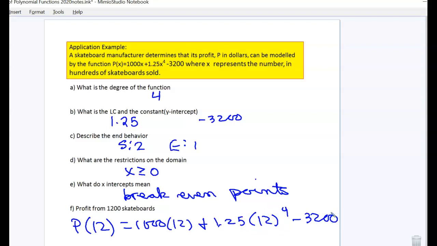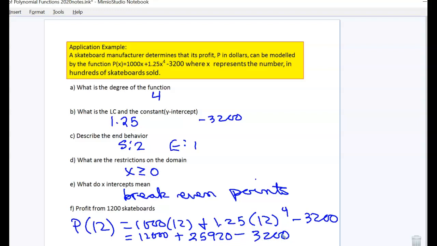If we work this out, 1,000 times 12 is 12,000 plus, let's take 12 to the 4th power times 1.25. That's going to be 25,920, and I still have to subtract 3,200.